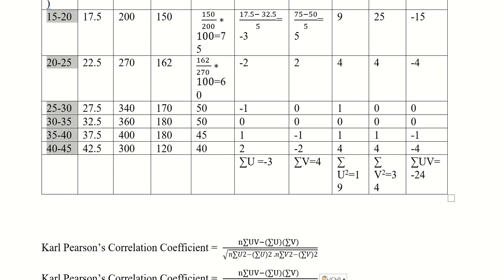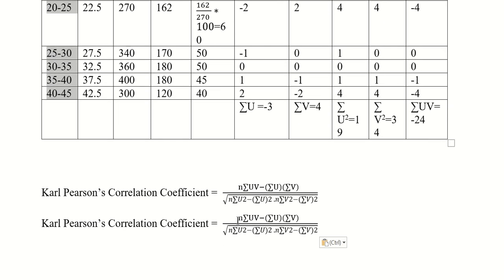So here I will write 6 into summation of uv, which is -24. Then summation of u is -3, and summation of v is 4.